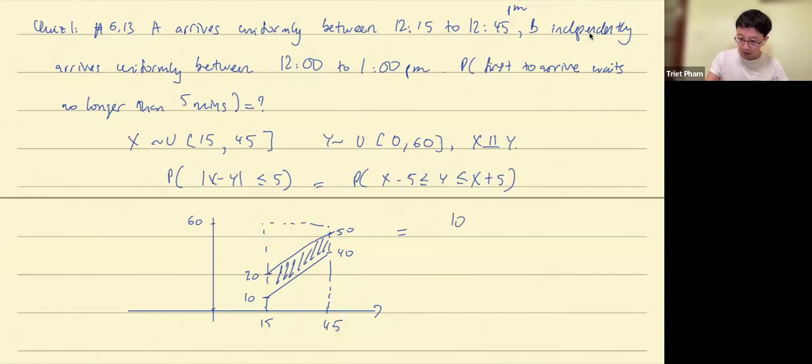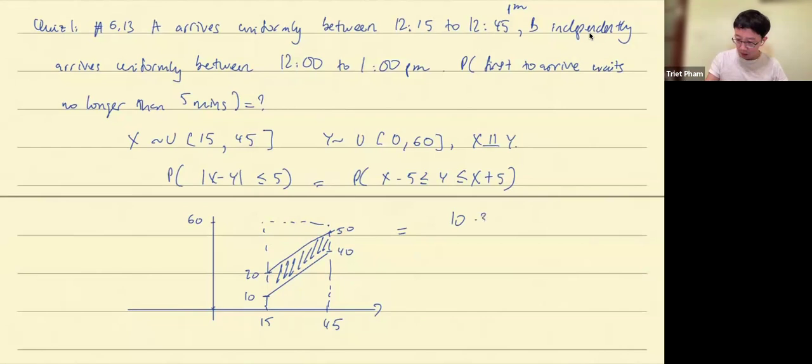The height is 30. This is the area of the parallelogram, divided by the area of the rectangle, which is 60 times 30. So the answer is 1/6. Any question?